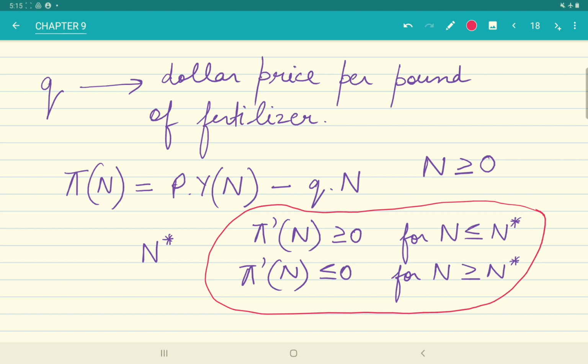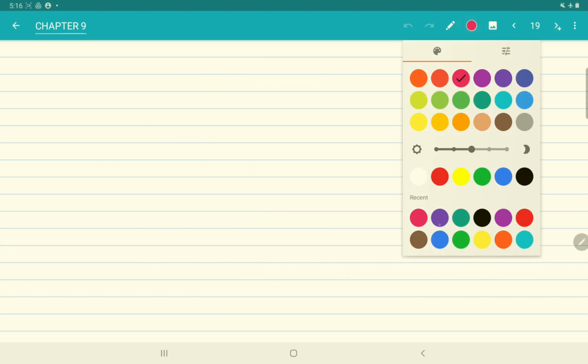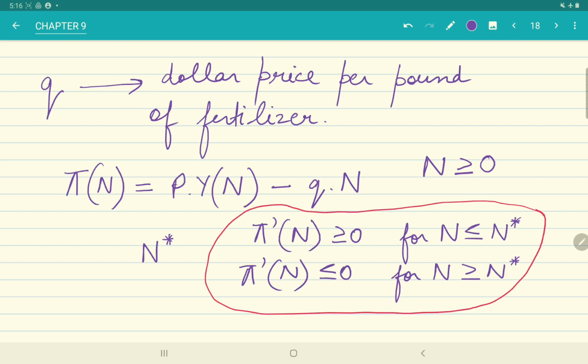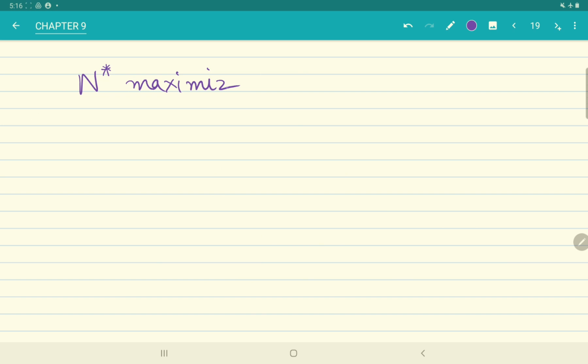And also we see that this n star is actually maximizing our profit, because the profit function is increasing to the left of n star and decreasing to the right of n star. So I can write that for some n star, we have not yet established what this n star is, n star maximizes profit and pi prime n star is in fact equal to 0.